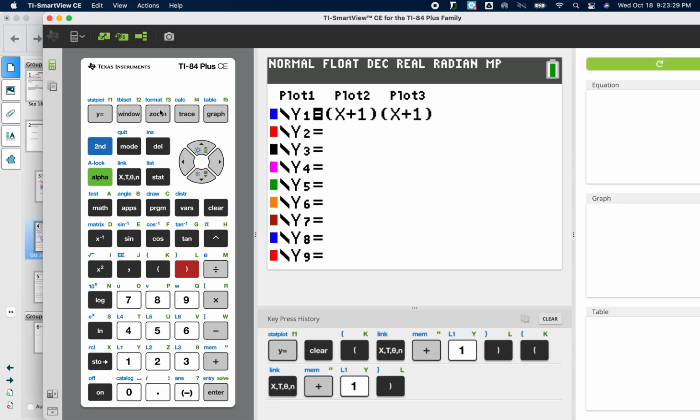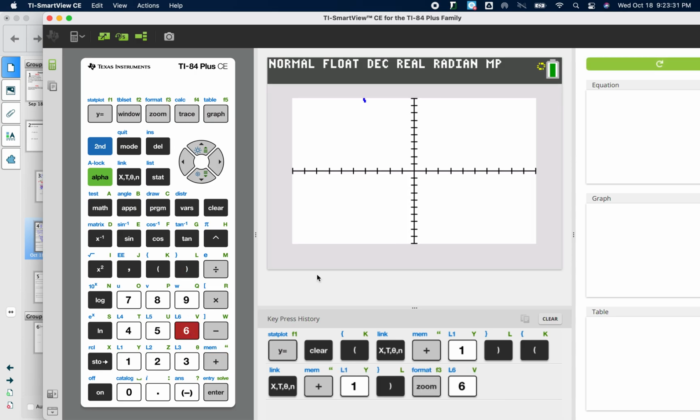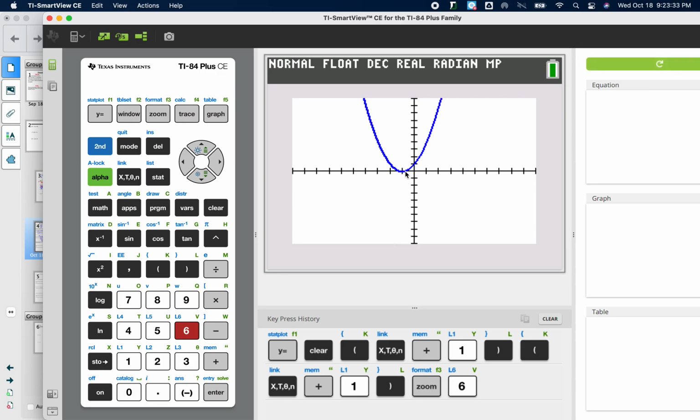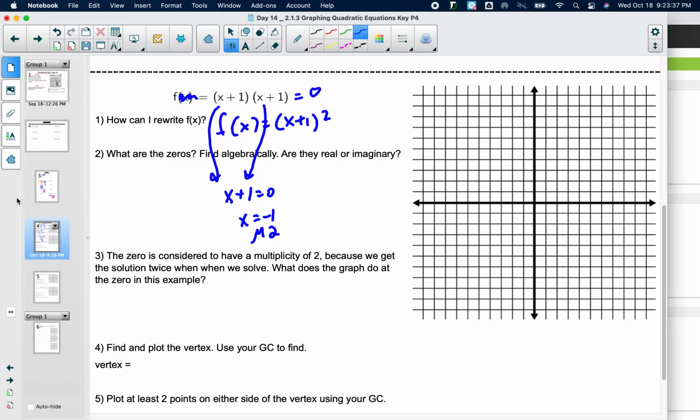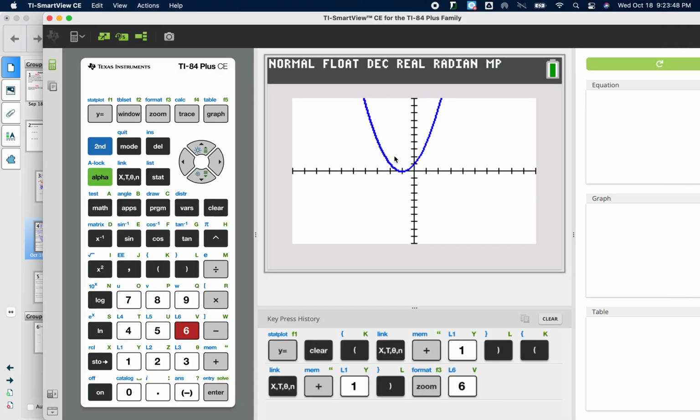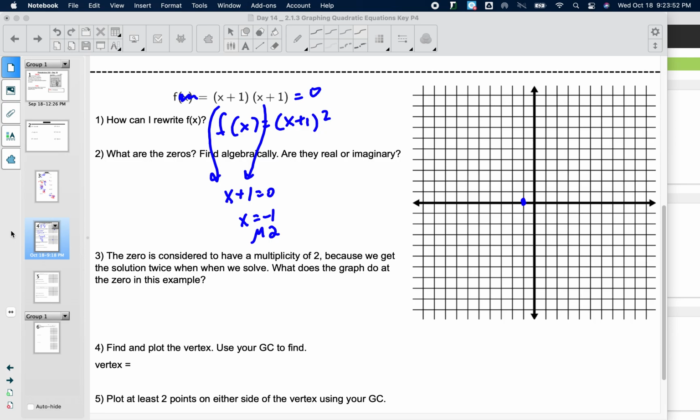And when I zoom standard, which it already should be in, but I'll do that anyways, I'll get a graph that looks like this. Looking at what we have, this is an x-intercept, so I do know that I have a point right here. And then my vertex, if I look at my graph, is that point. So that's the midpoint. So I already have my vertex. That vertex is at negative 1, 0.